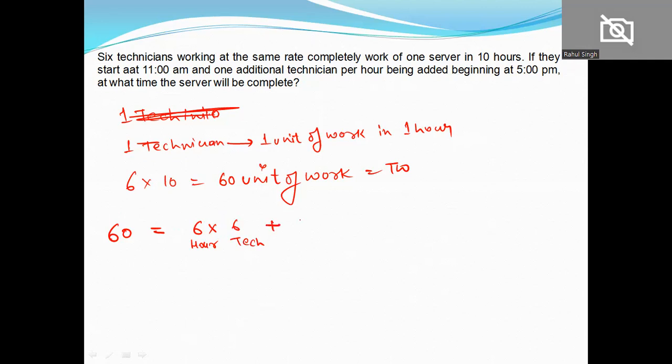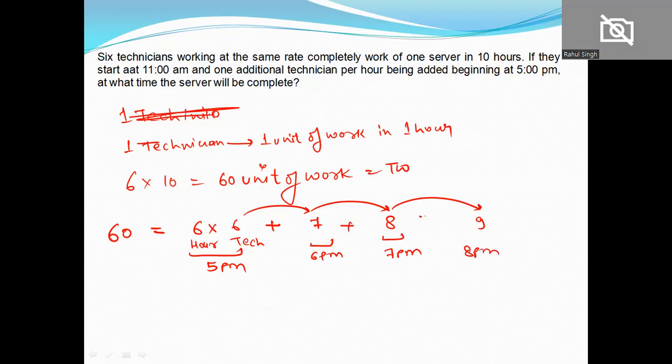After that, 6 becomes 7, 7 becomes 8. Up to here is 5 p.m. This is 6 p.m., this is 7 p.m., and this is 8 p.m. And if we add this entire thing, we'll get 36 plus 7 plus 8 plus 9.